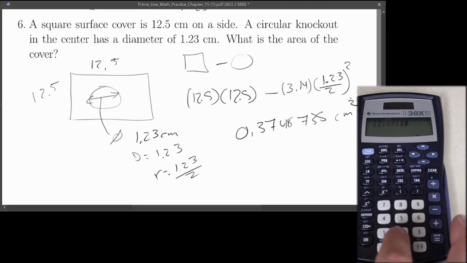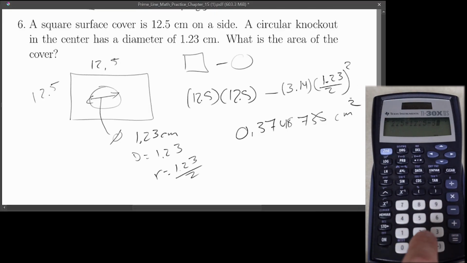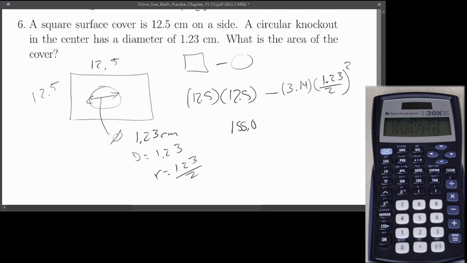It's 12.5 times 12.5 minus 3.14 times 1.23 divided by 2 squared. There we go. Now that's looking right. So our correct answer is 155.062375, and this should be centimeters squared. Okay.